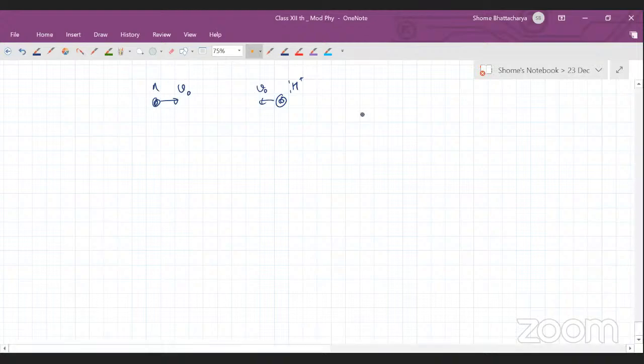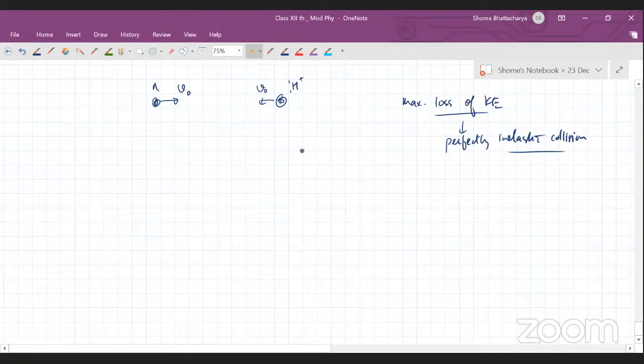Okay, so if we assume that there is maximum loss of kinetic energy, that will occur for a perfectly inelastic collision. And in this case, two bodies of same mass, if they get stuck together, the final velocity will become 0.